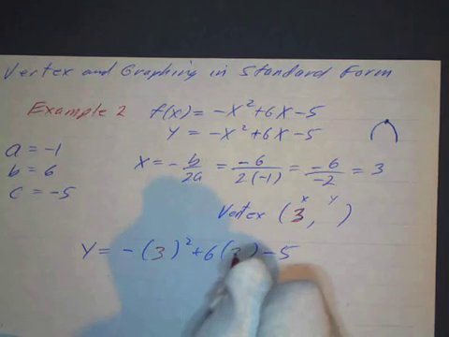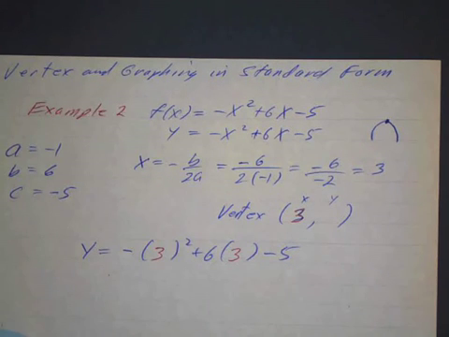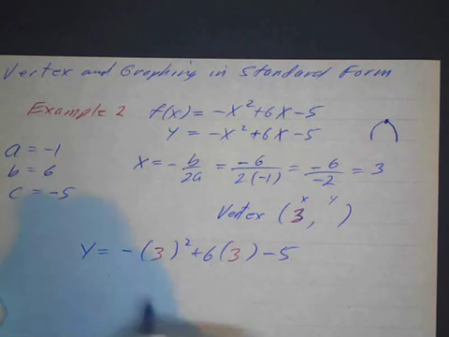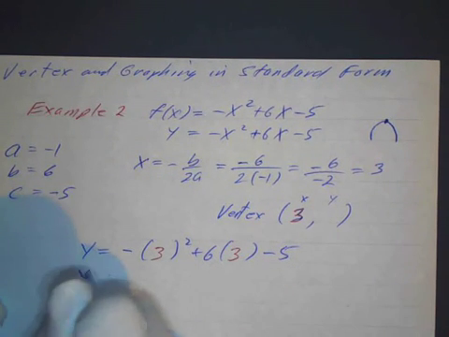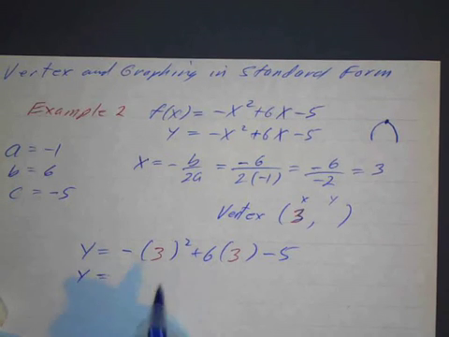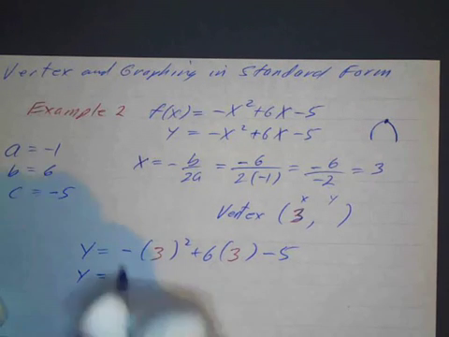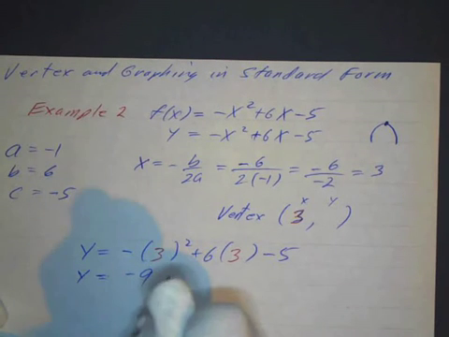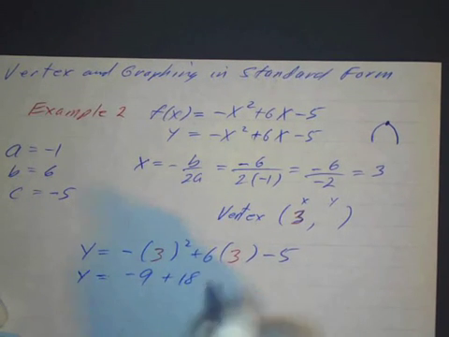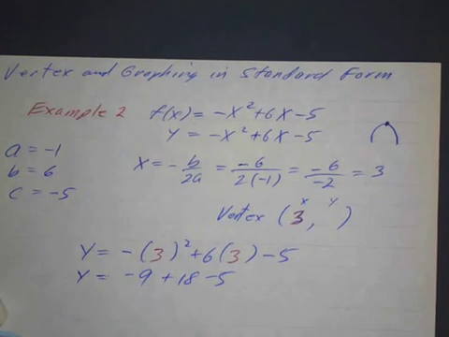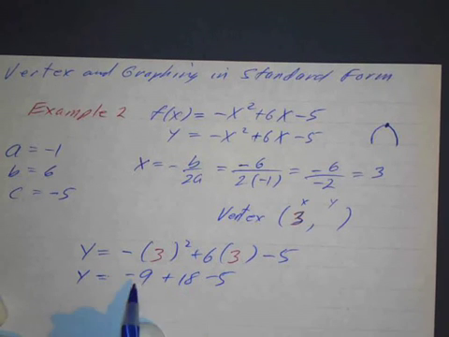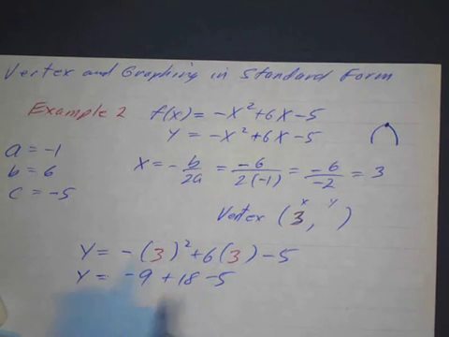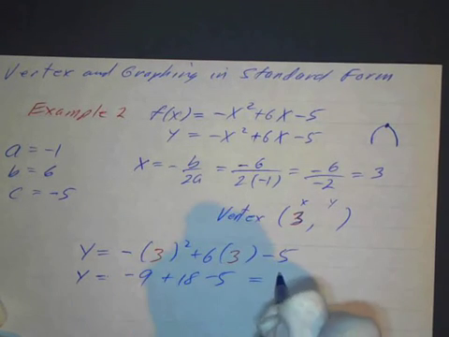3. And 3 squared is 9, so I've got negative 9. 6 times 3 is 18, and minus 5. So negative 9 and negative 5 is negative 14, plus 18 is positive 4.